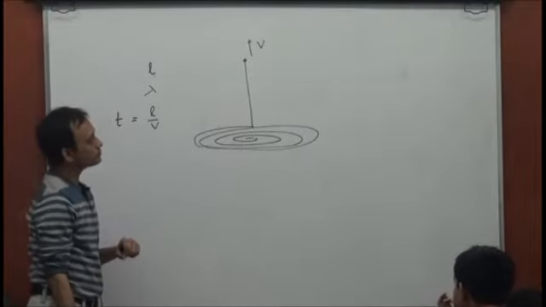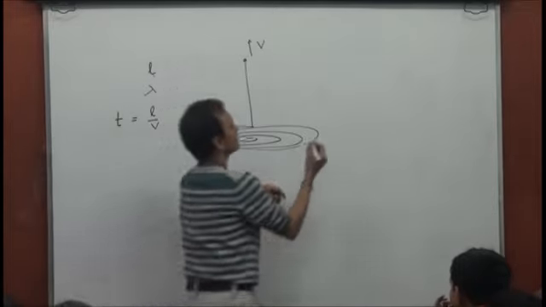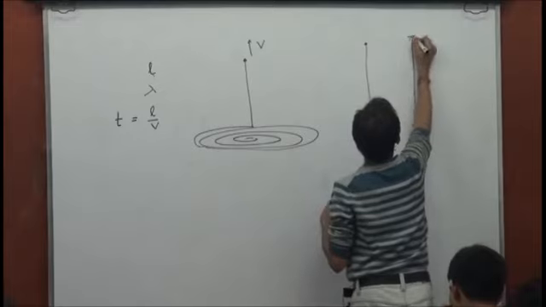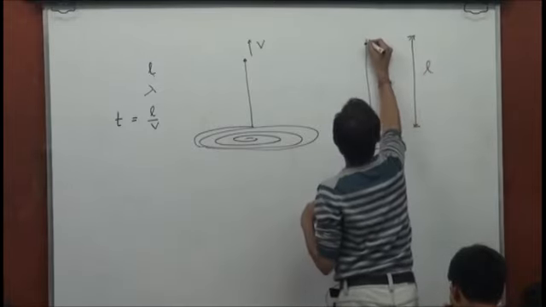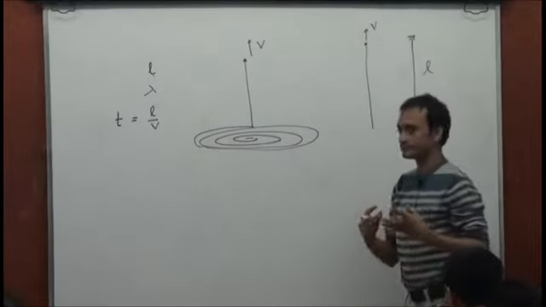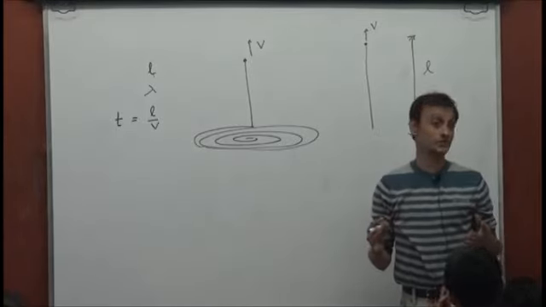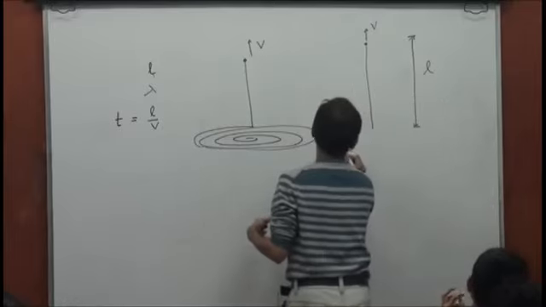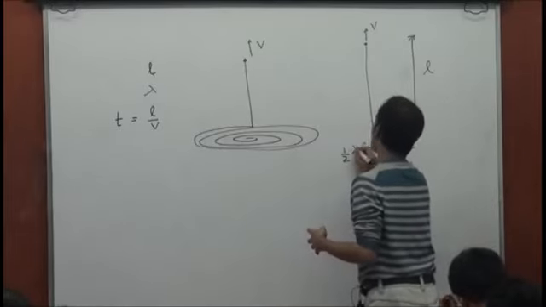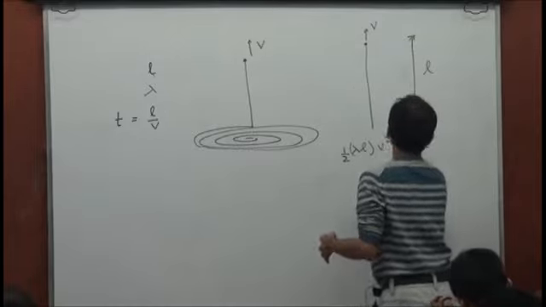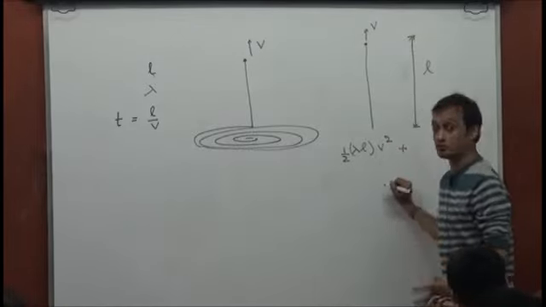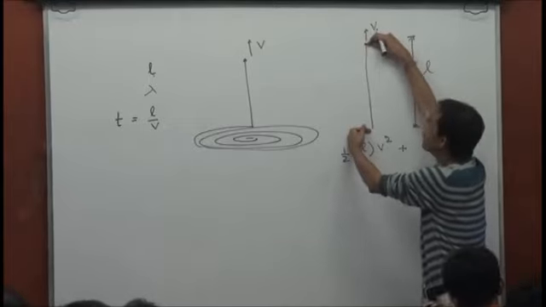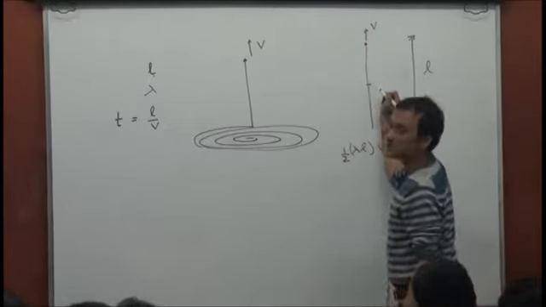No. When the length L becomes completely vertical, it has two things in it. It has kinetic energy, which is half mv squared, half of mass lambda L into v squared, and it has potential energy, which can be computed by imagining this entire uniform rope to be concentrated at the midpoint.